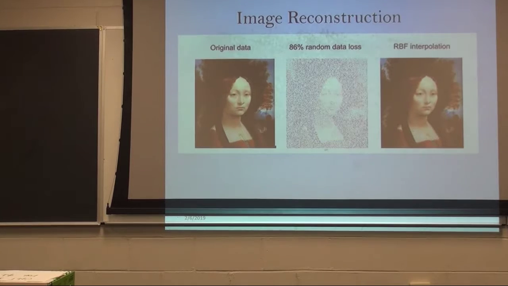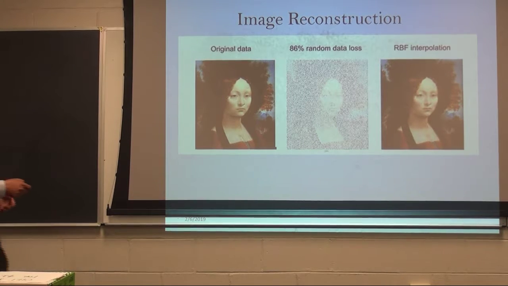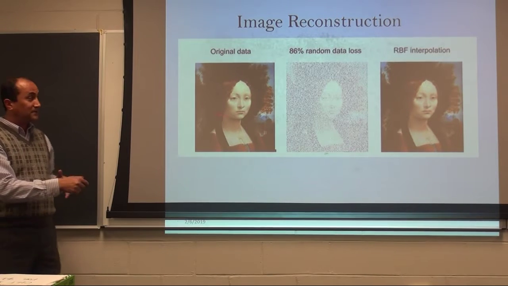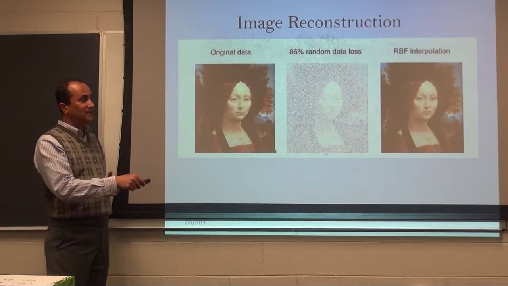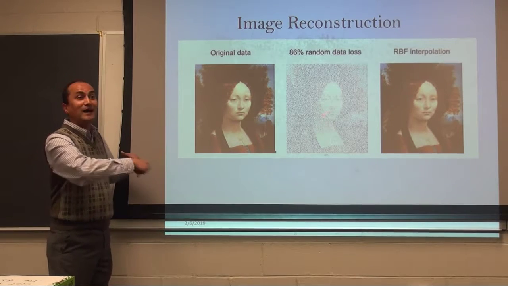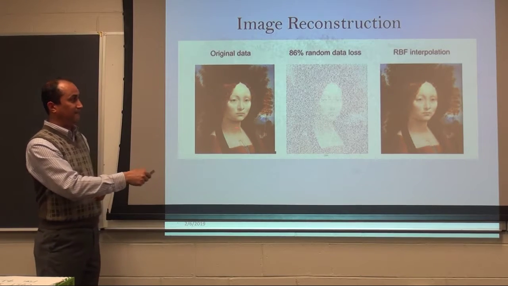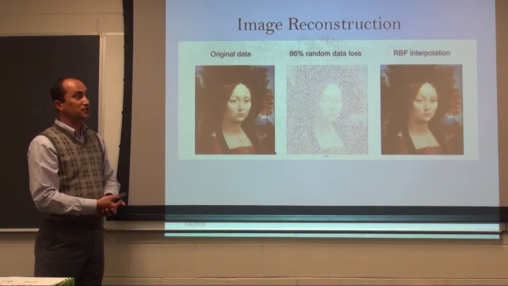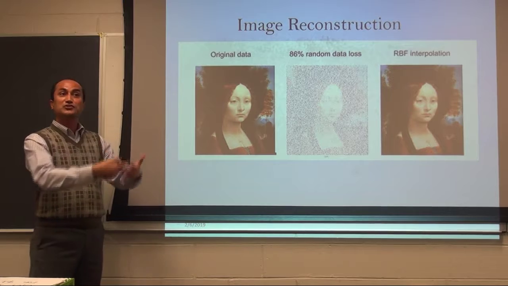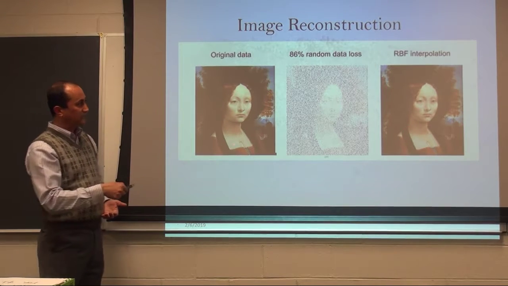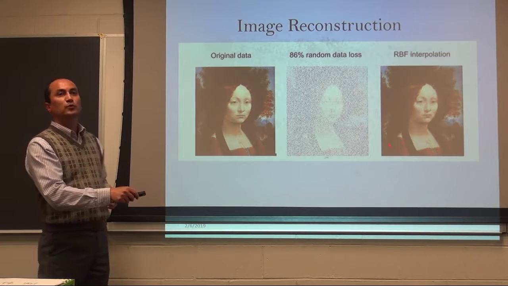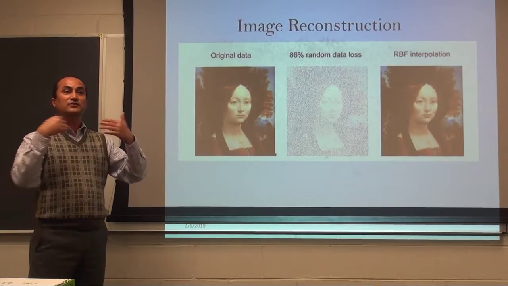This looks a little different here because this is the original. It might not be accurate, but this is the original data, and this is what we have after we lost data, and we want to do the RBF interpolation so we can reconstruct the data. These two figures look exactly the same, but that one is what we consider reconstructed.